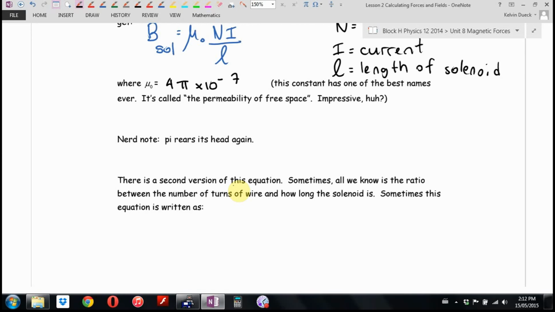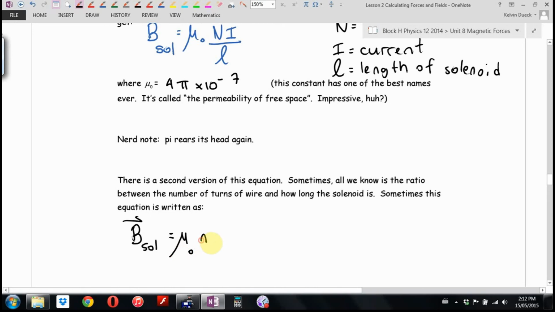So the second version of this is mu naught little n times I, where little n is turns per meter, and it's actually already N divided by L. They've done the math for you.